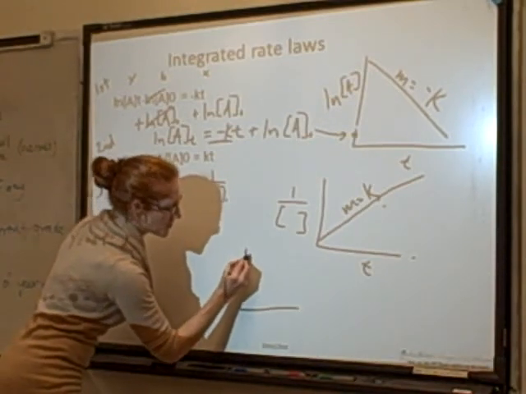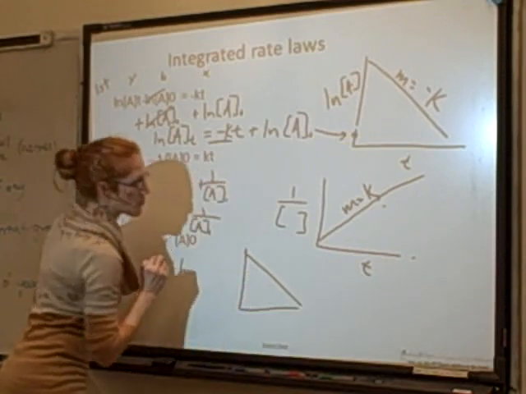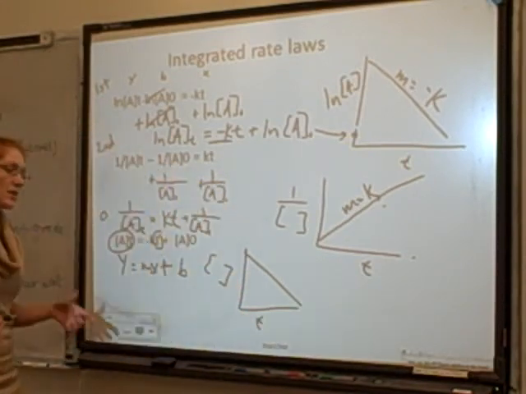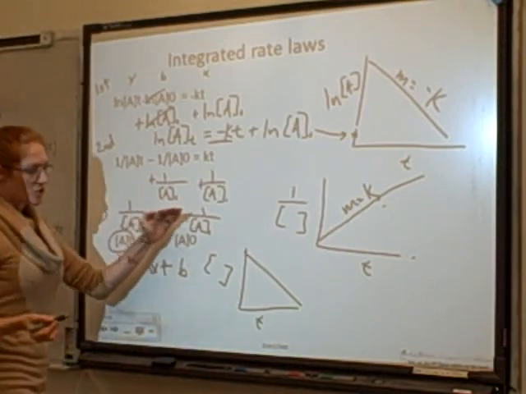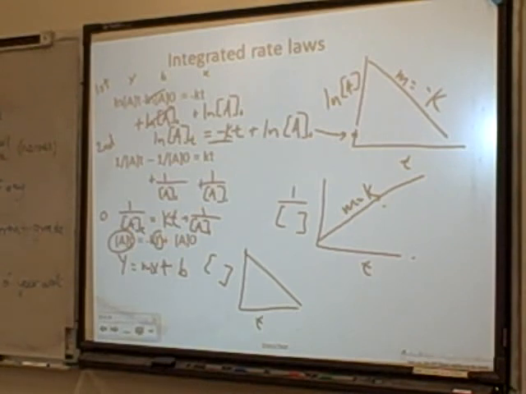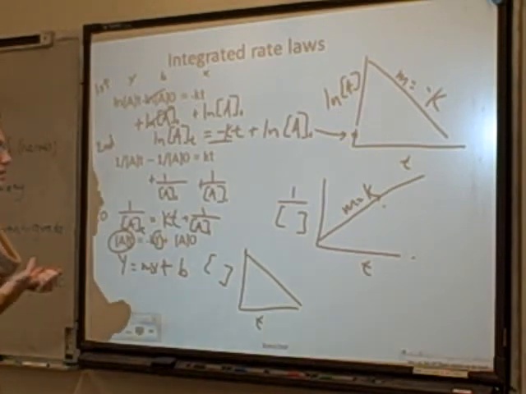And I know the concentration is going down as time goes by. So if I just plot concentration versus time, it means I have a 0 order, because that concentration decreased at a steady rate.